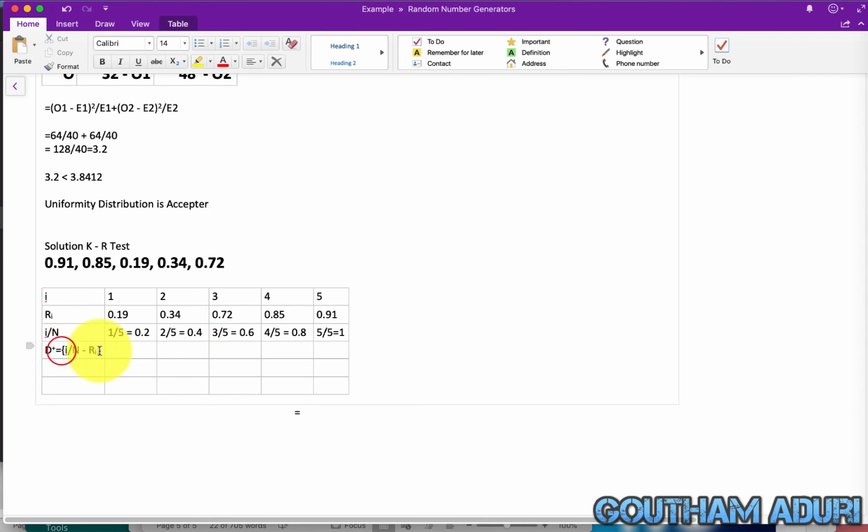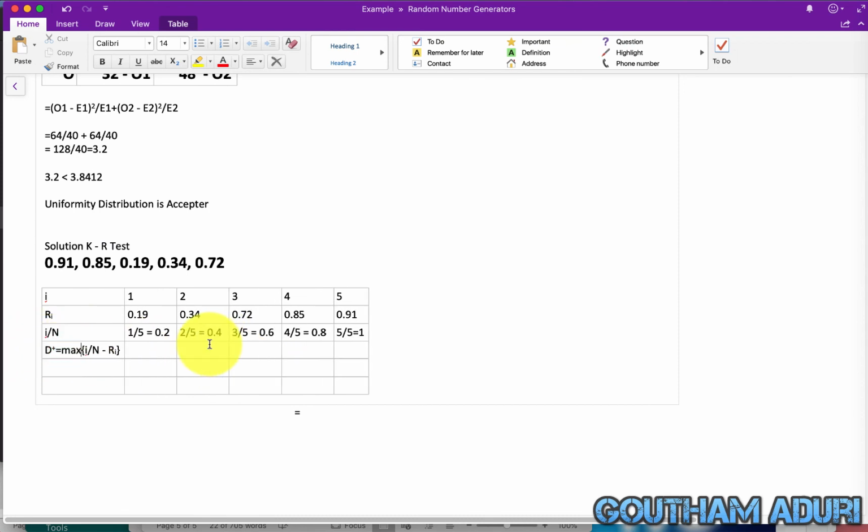D plus is nothing but the maximum value I have to take.